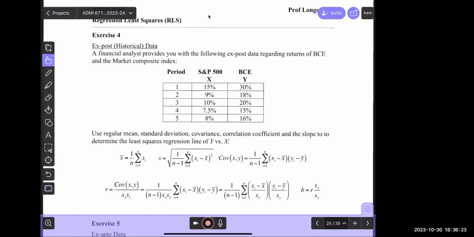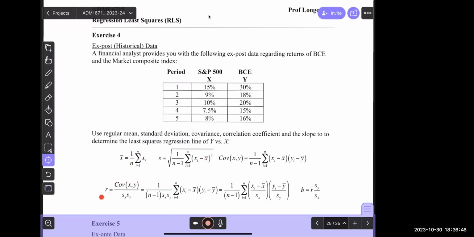All right, so that's what we looked at here. Now in here, I have all the statistics you need to solve this problem. I have the sample mean, the sample standard deviation, the sample covariance.